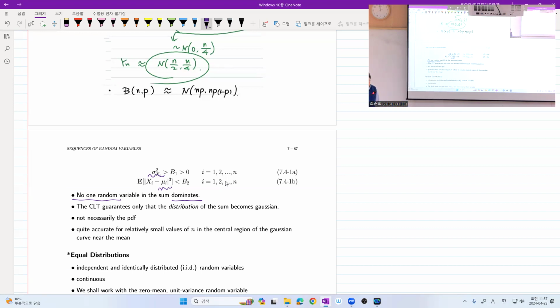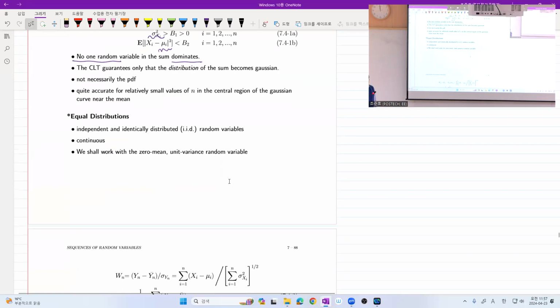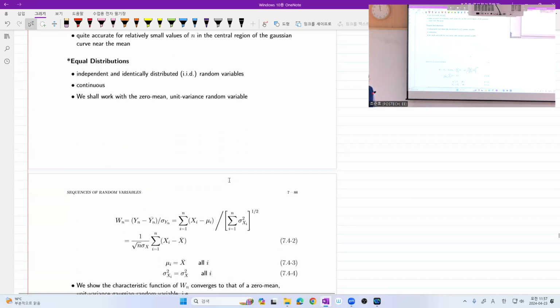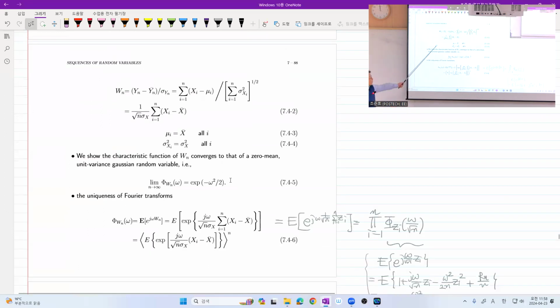Anyway, however, the equal distribution case is the simplest one, but actually, I've generalized our proof a little bit by allowing different distributions but common mean and variance. So here goes the starting point. First, we start from the normalized, standardized sum.